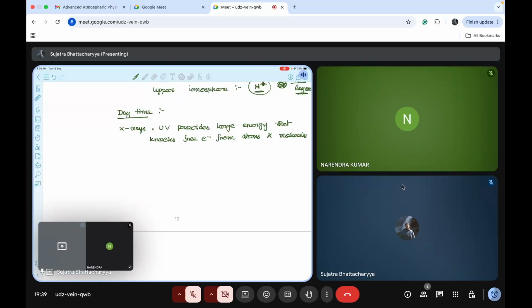Okay, and there are a large number of atoms and molecules being converted into ions and electrons. But out of them, some of these ions and electrons recombine to normal or neutral atoms.